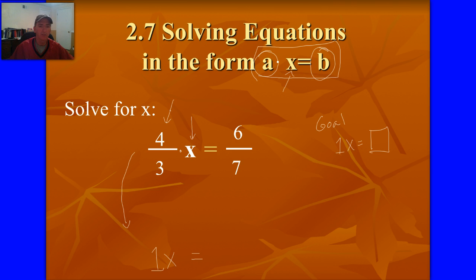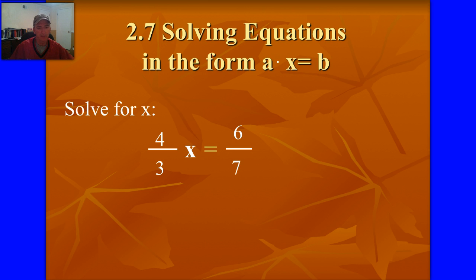Okay, also recall how we talked about keeping that equal sign in a straight line. Do to one side as we do to the other. Okay, I have 4/3 times x. I want to turn that 4/3 into 1. Now, I'm going to go back a slide and forward a slide just so I can clear my screen and you can see what we're doing here. I want to turn that into 1x.